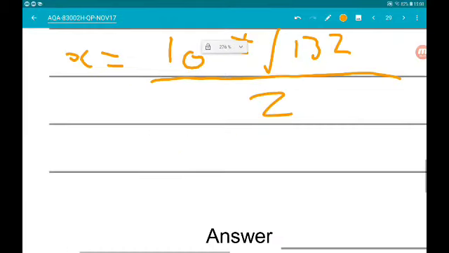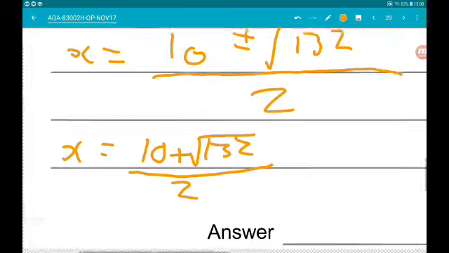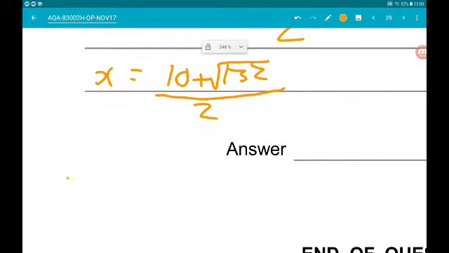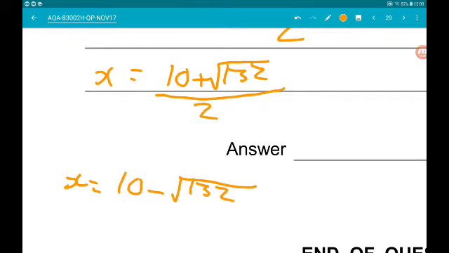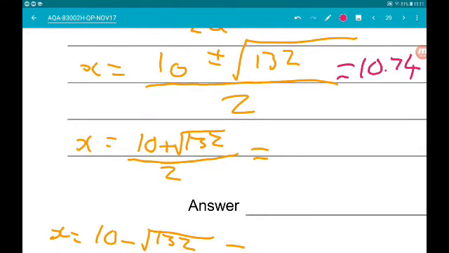So x is 10 plus root 132 all over 2, which I'll get in a moment, and x is 10 minus root 132 all over 2. Okay, so our two values of x are 10.74 and minus 0.74.